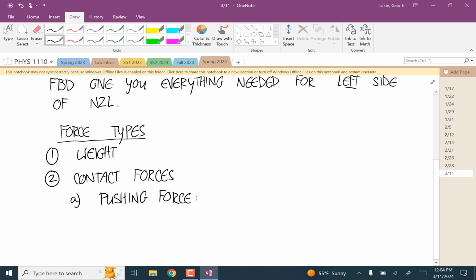And to know the direction of the pushing force, it's always perpendicular to the surface, toward the chosen body.